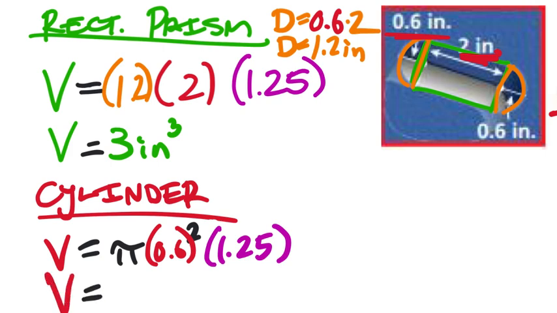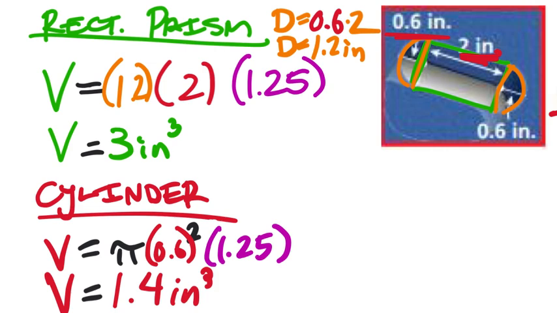This will give me the volume of what would be a full cylinder, even though it's been cut in half but separated. So pi times 0.6 to the power of 2 times 1.25, enter. And I get 1.4137166694. But rounding to the nearest tenth would make that 1.4 cubic inches.